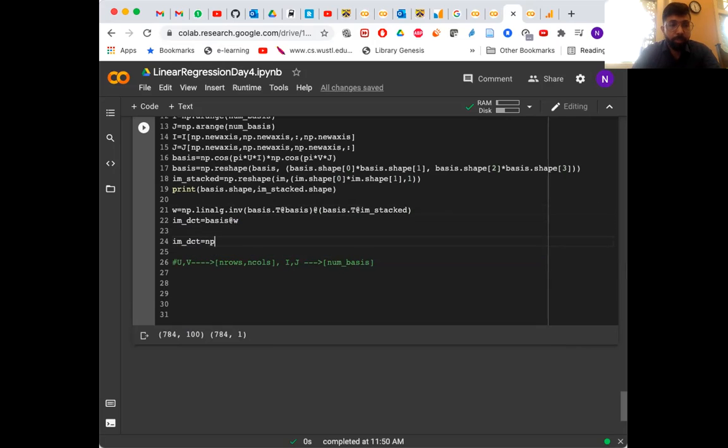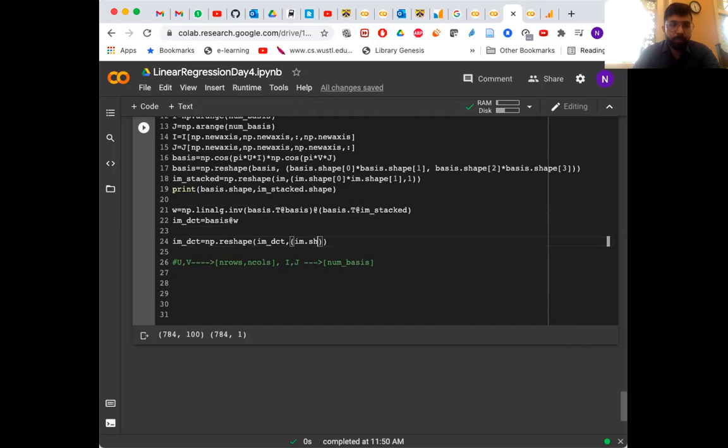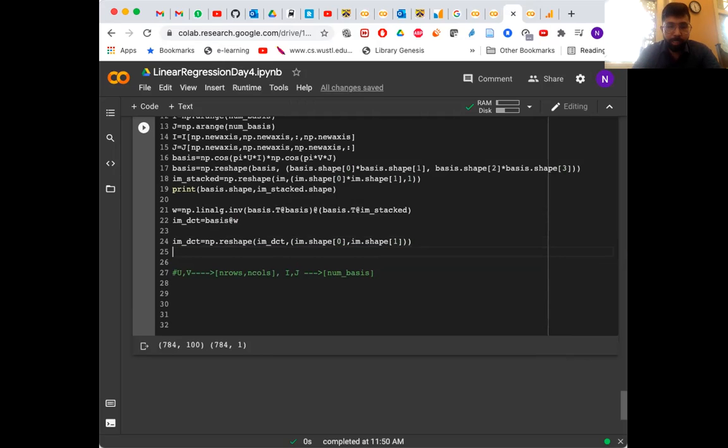So np.reshape image_DCT to image.shape[0] and image.shape[1]. So again, converting it back to a square matrix.